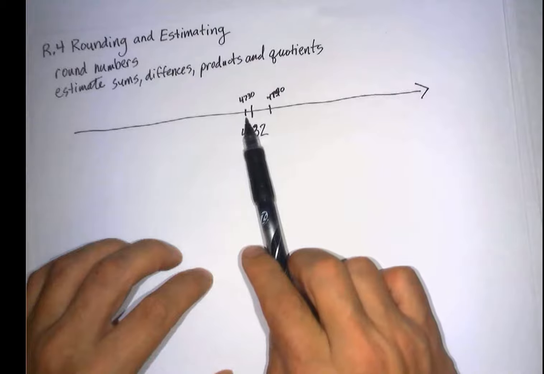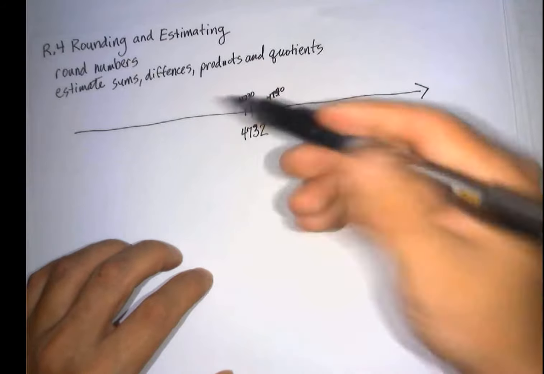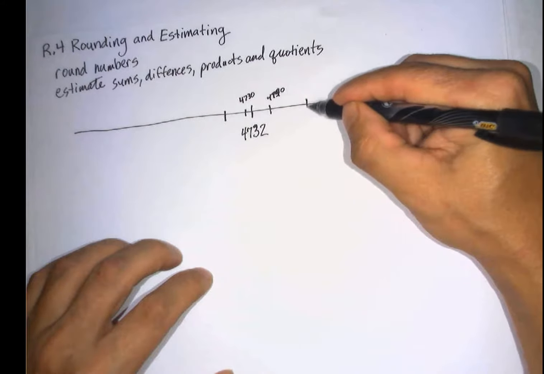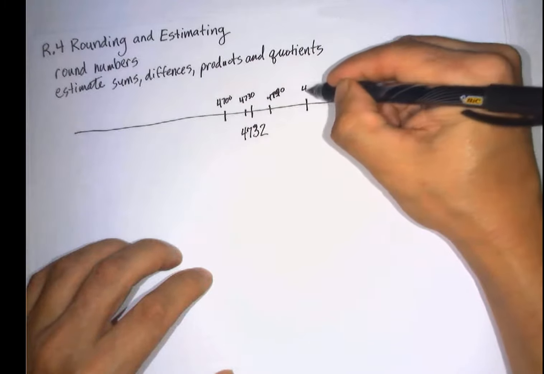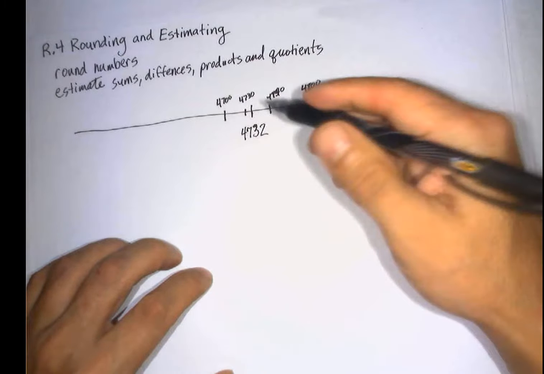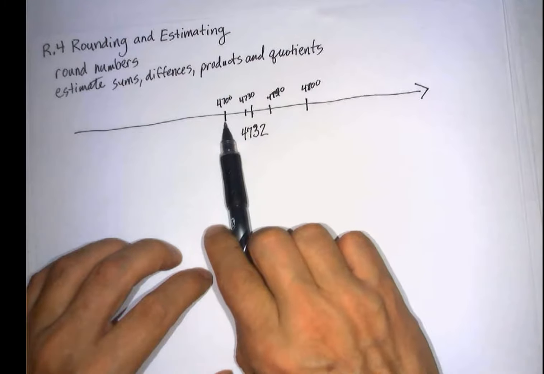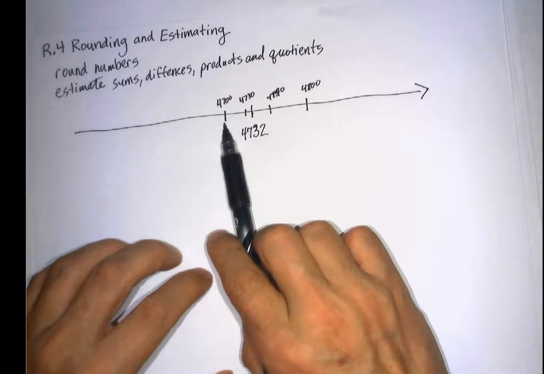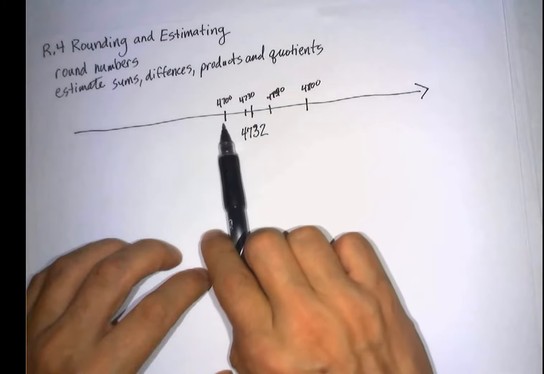You could tell by looking that it's closer to 4,730. And then we can go out a little bit further and say maybe this is 4,700 and this is 4,800. And which hundreds place is this closer to? Is it closer to 4,700 or is it closer to 4,800? You would say, oh, it's definitely closer to 4,700. So this number rounded to the nearest 100 is 4,700.